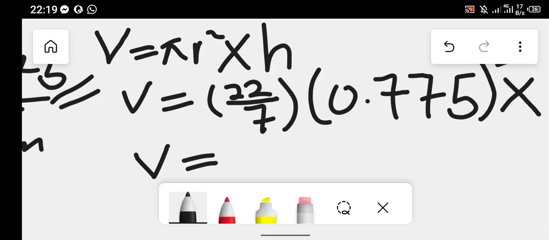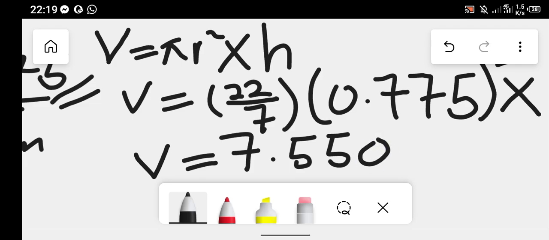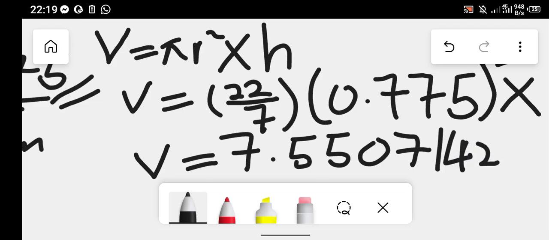7.550714286. Let me just write it. Normally in the exam you are required to leave it in two decimal places.